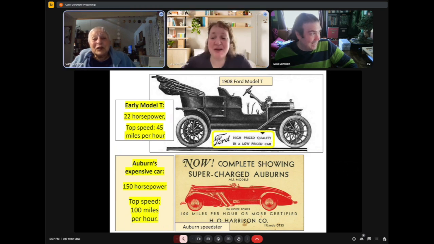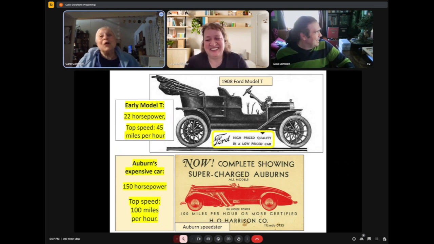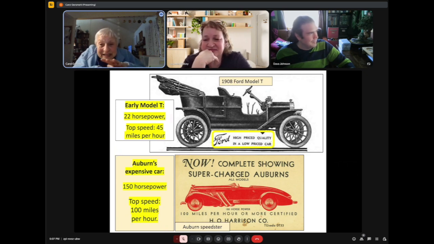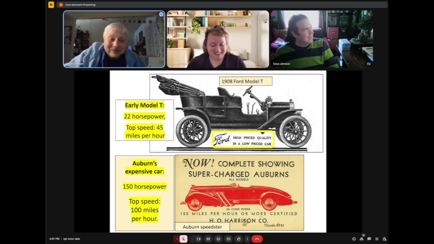The first concrete, fully paved road was built in the city of Detroit. So you can just see all these fancy cars going to that stretch of road in Detroit and going fast. So what a contrast.